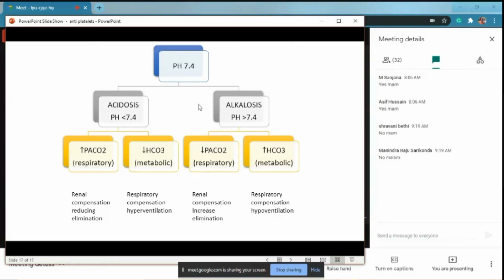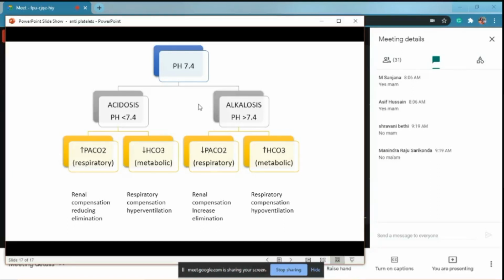Whenever there is a respiratory situation, the renal tries to compensate that. In metabolic acidosis, the respiratory system compensates by hyperventilation. So the patient starts to hyperventilate, and in hyperventilation the CO2 is very low, right? So it leads to alkalosis. So again, acidosis is compensated with an alkalosis condition. That's how the body is maintaining the acid-base balance.